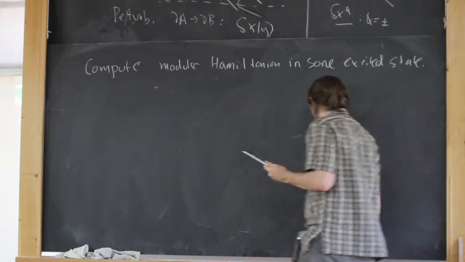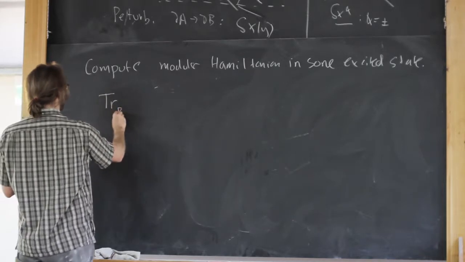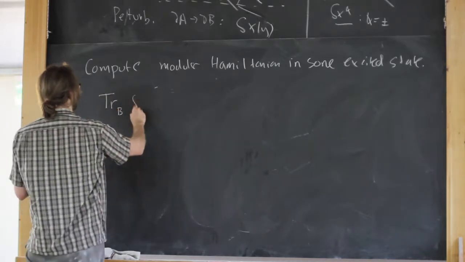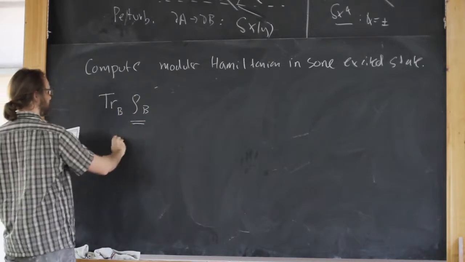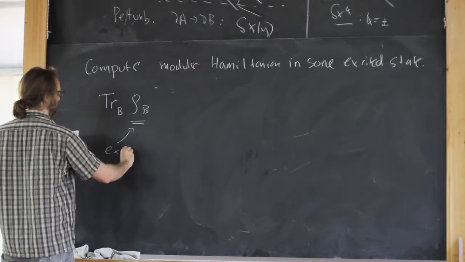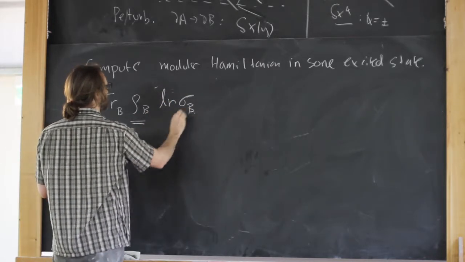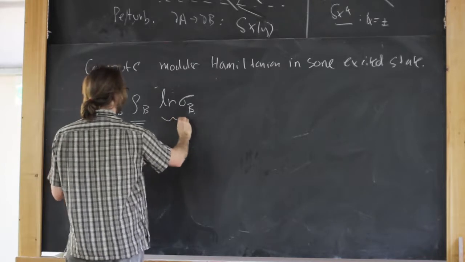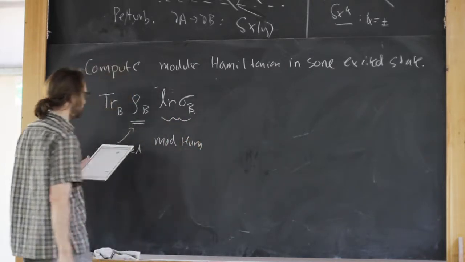Okay. So for example, in the density matrix language, we would like to compute the trace over some excited state, and then the log of the reduced density matrix for the vacuum. So this is just the modular Hamiltonian up to some factors.